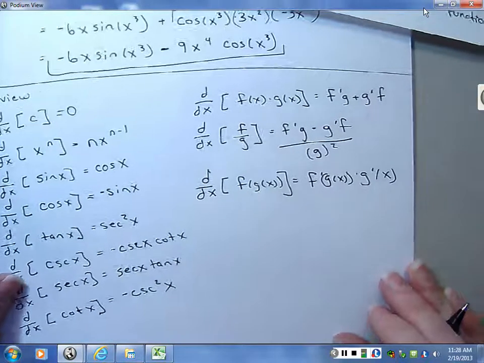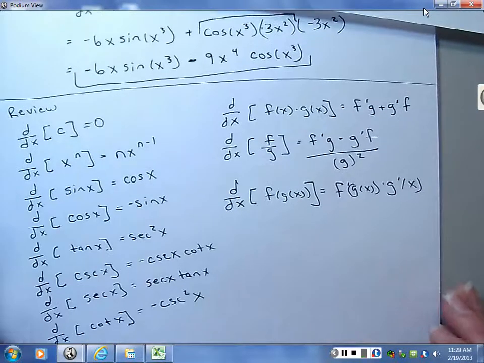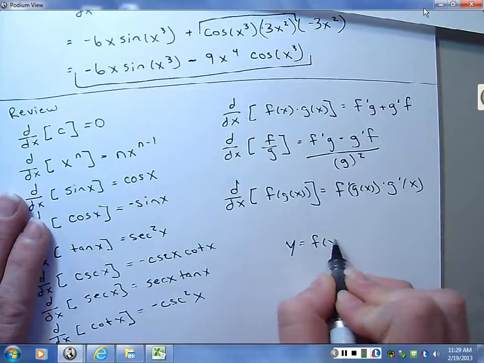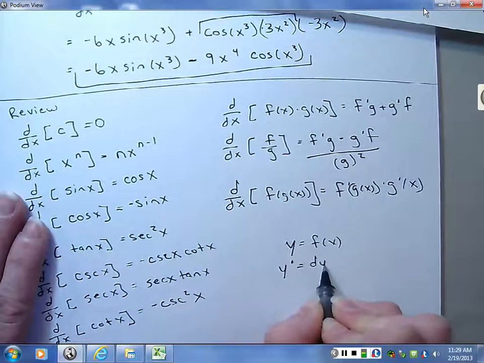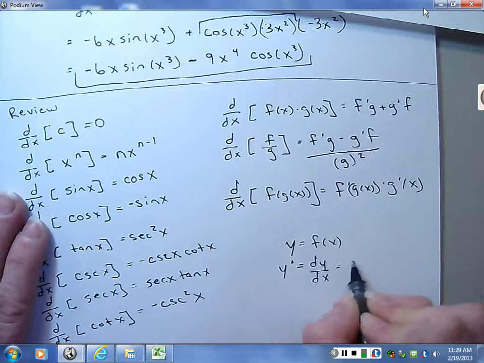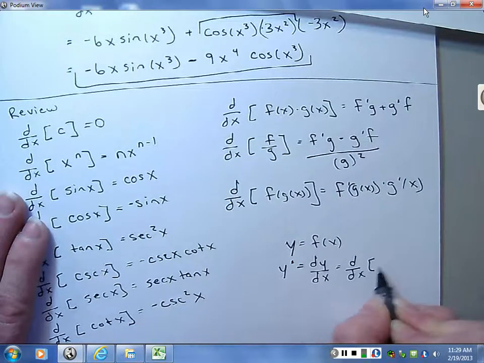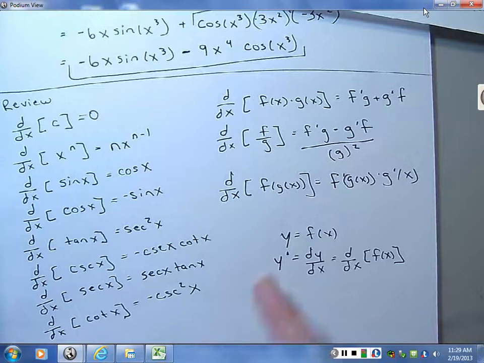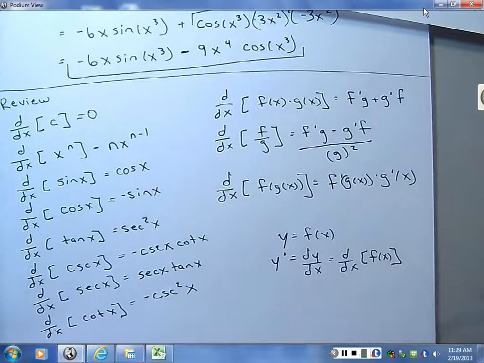And then today we just learned the chain rule. What's dy over dx again? If I said y is f of x, then y prime would be written as dy over dx, which would be the same thing as d dx of f of x. So a lot of times when they say y is a function, they say find dy dx. Y is f of x, so you're really finding the derivative of f of x with respect to x.